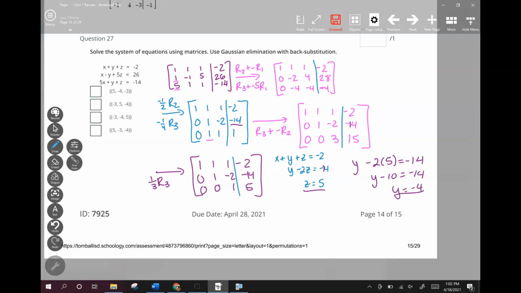And then we'll plug the y and z into the first equation. So x equals negative 3. So negative 3, negative 4, 5.